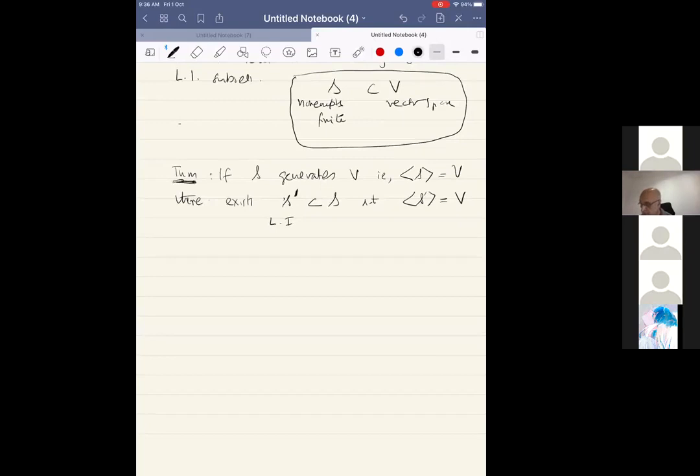In fact, we will prove a stronger theorem, which will imply this.